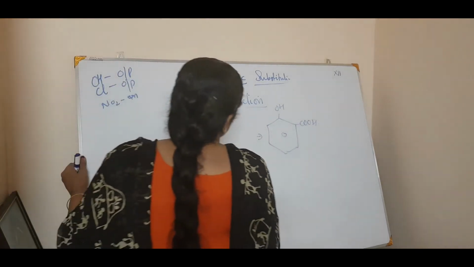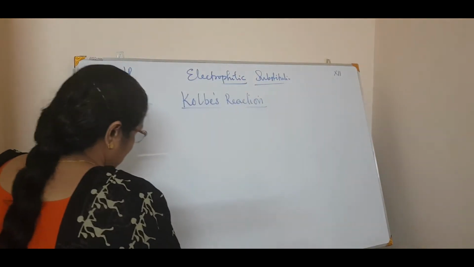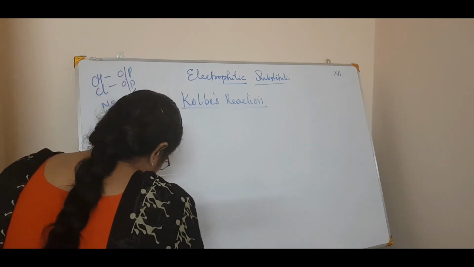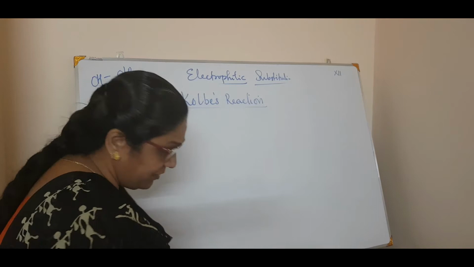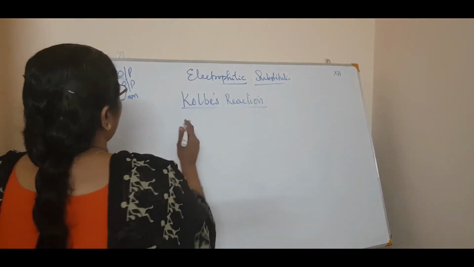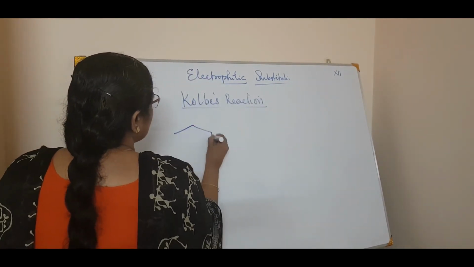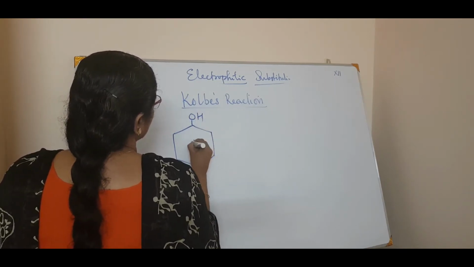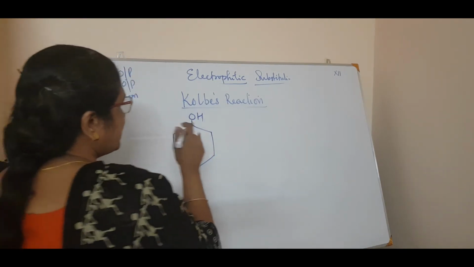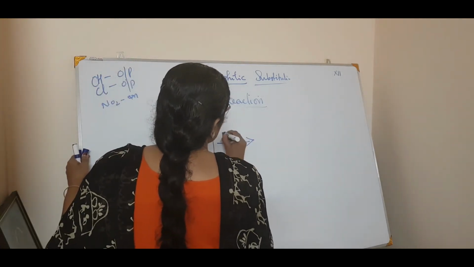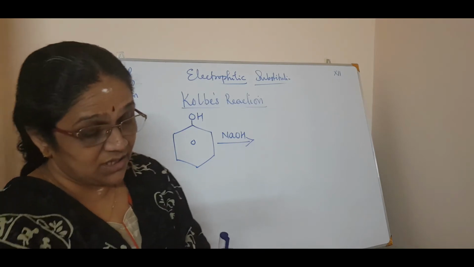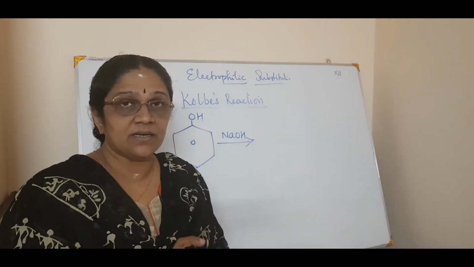Okay, so Kolb's reaction, first you see you have phenol. നമുക്ക് എന്താ ഉള്ളത്? You are having phenol, right? So this is phenol. OH. Okay. Then what? The first step is you treat with NaOH. നമുക്കറിയാം NaOH drastic condition നമ്മൾ പഠിച്ചതാണ്. എന്ത് പറ്റും?